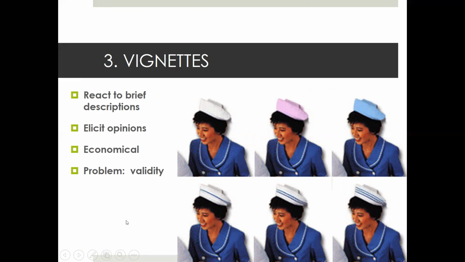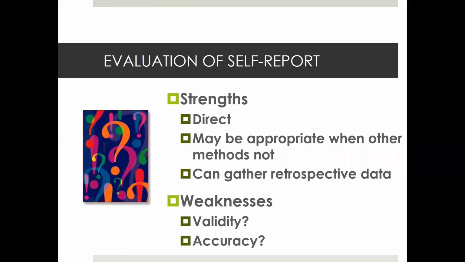And we don't know if these are valid responses or not, but they do enable a unique response to a specific question. So self-report has a lot of strengths. It's direct. It's especially important if we want to know about people's feelings or what they believe. So that's some of the bigger strengths of this kind of self-report.